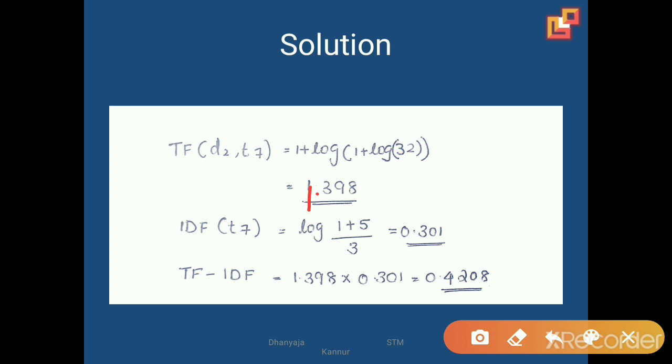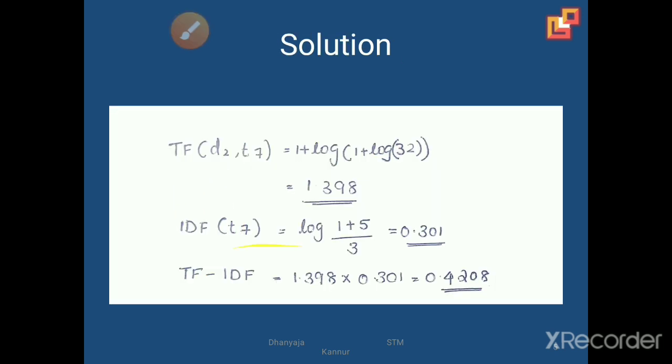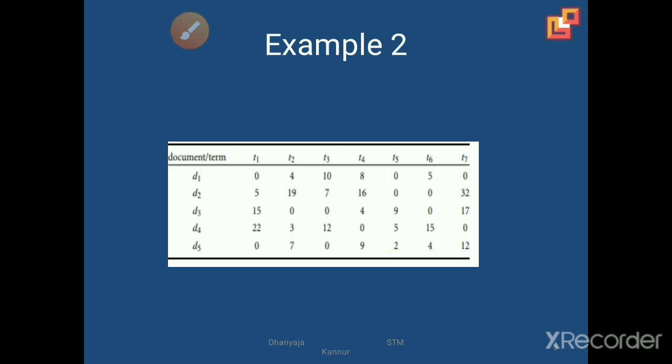After that, you have to find the IDF value. What is the equation for finding the IDF value? Log of 1 plus d by mod dt. Here, log of 1 plus, what is the value of d? How many documents are there in this question? 5 documents are there, right? So 1 plus 5 divided by dt. dt represents how many documents the term 7 is occurring in.